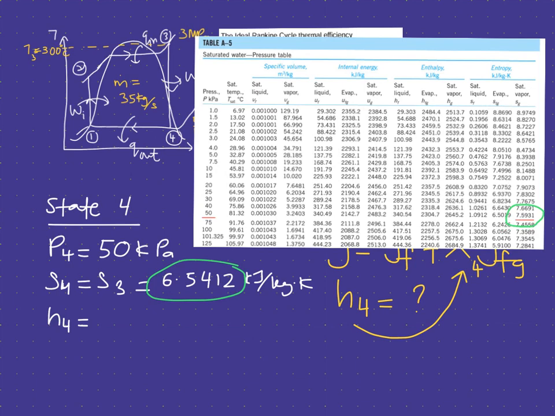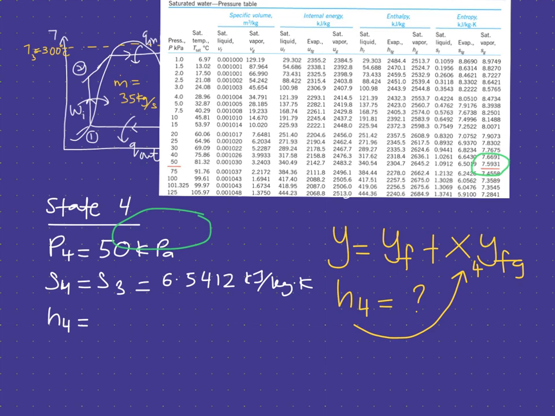But in this case, your entropy at state 4 is 6.5412, and when you check with 50 kilopascal, you will see that the saturated vapor is 7.5. So it justifies that at state 4, this is already in the mixture region.